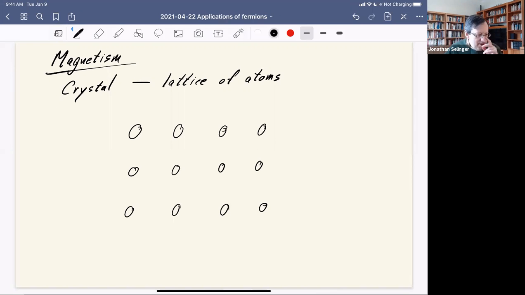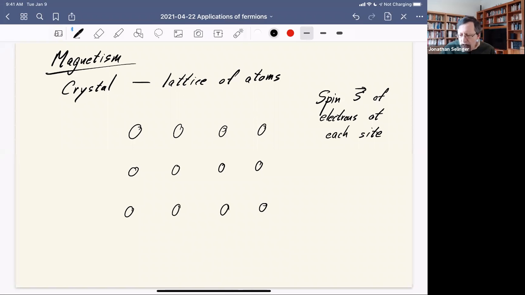Okay. And on each lattice site, there's an atom, and each atom has electrons. And the electrons have some spin. Okay? And so associated with the electrons at each site, I could say there's some spin. So spin S of electrons at each site.